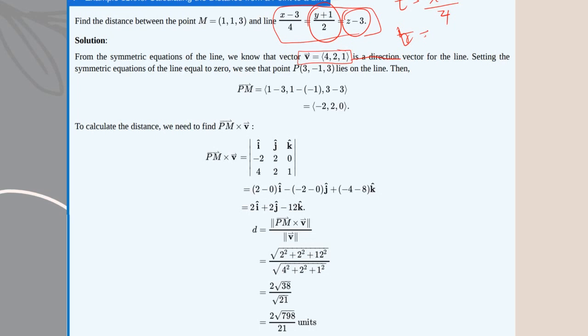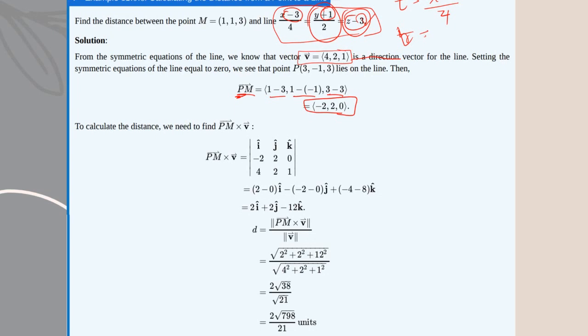Then we have PM. We have 1 minus 3, the 3 comes from here. And for our Z, we have 1 minus 3, 1 minus 1, and 3 minus 3. The numbers come from here. And then we will get another vector which is negative 2, 2, 0.